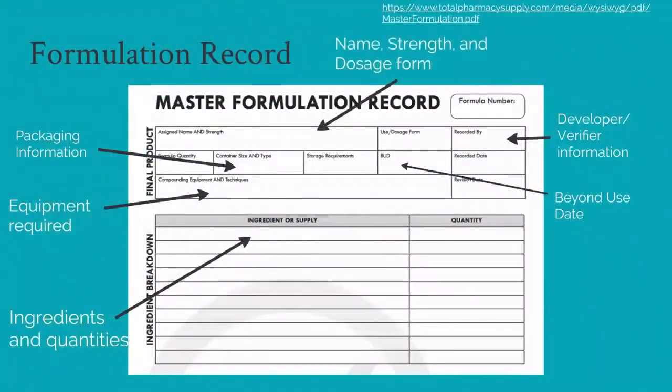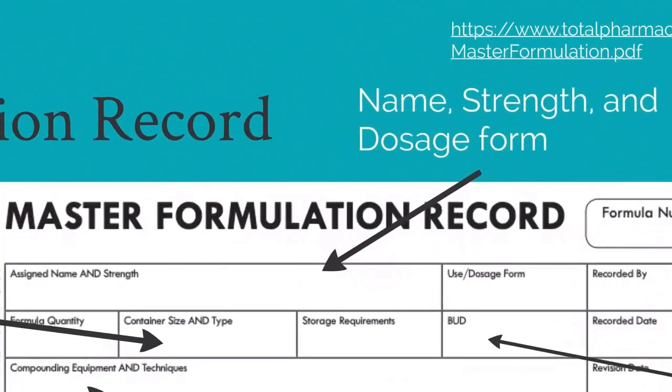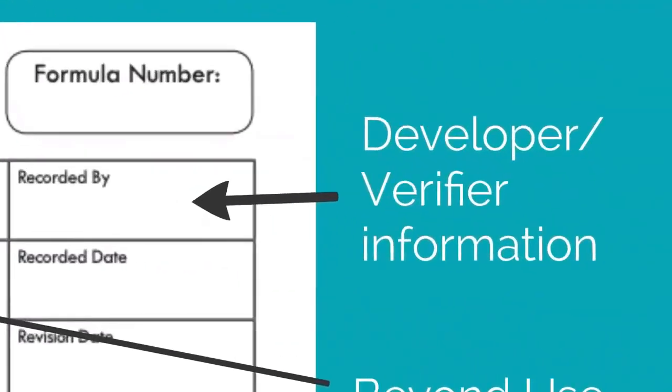So now we're going to look at an example of a formulation record. You can see here there's a place for the name, strength, and dosage form, and this is just an example. All formulation records can look different than this, but it gives a general idea of where those requirements are placed. Then we move on to the developer and verifier information.